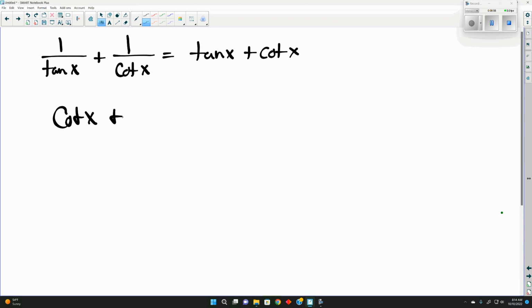And 1 over cotangent is, then we could switch them and just say, yeah, and when I first looked at this or did this one, I went with sine and cosine first. But looking at it this morning, I realized, well, yeah, we could just flip it because 1 over tangent is cotangent. 1 over cotangent is tangent. We're done.